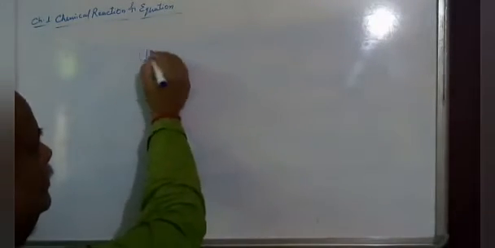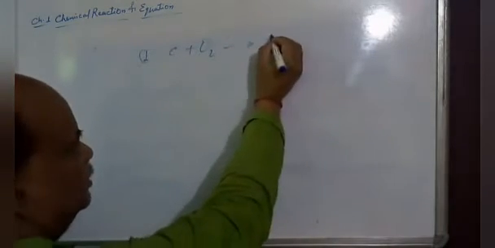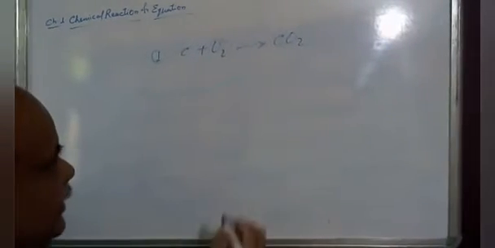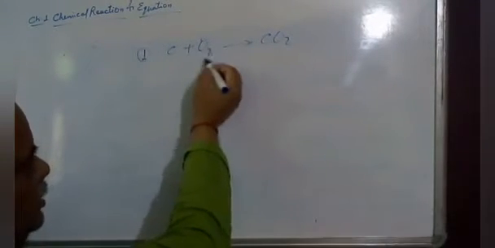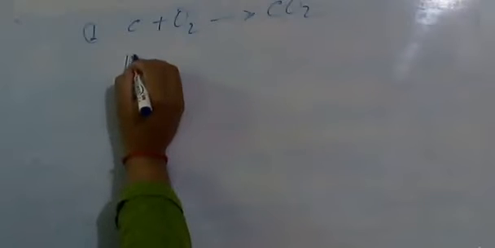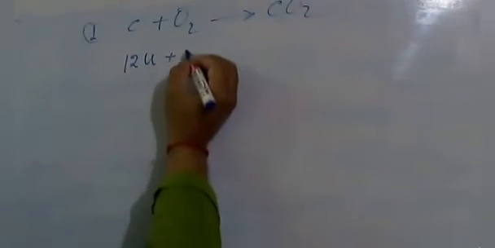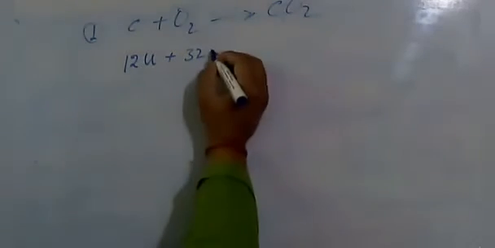First example, C plus O2 gives CO2. One atom of carbon on the reactant side reacts with oxygen to form CO2. The mass of one atom of carbon is 12 units plus one molecule of oxygen, 32 units, since one atom of oxygen has mass 16 units.